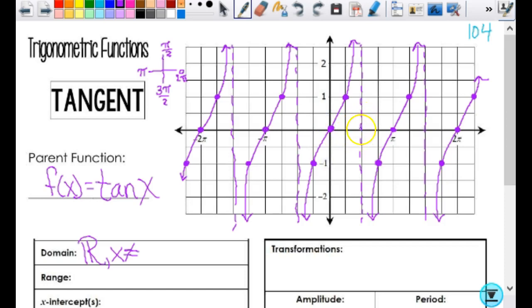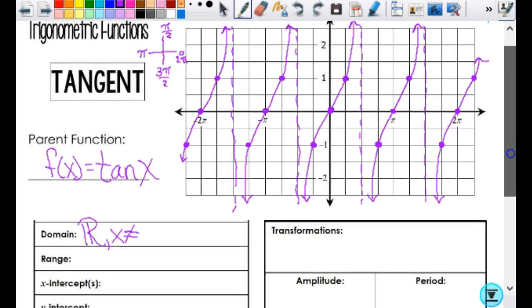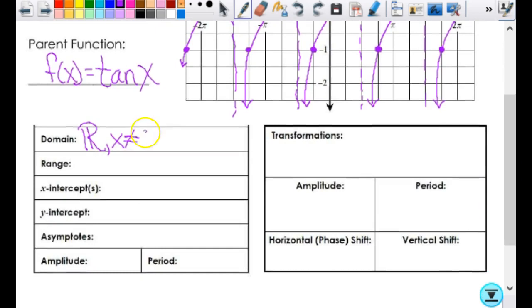Pi halves, right? So it can't be pi halves. And before it can't be something pi. So this is pi away. At pi halves, I'm going to have an asymptote, right? So that means that x cannot be pi halves plus n times pi. That's any multiple of pi, even if it happened to be negative, right?